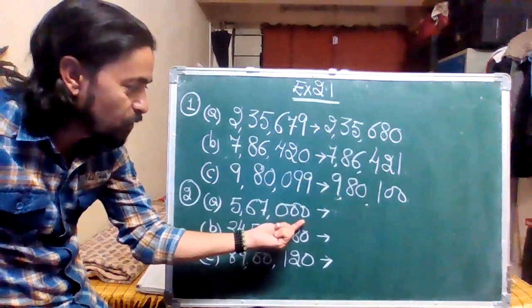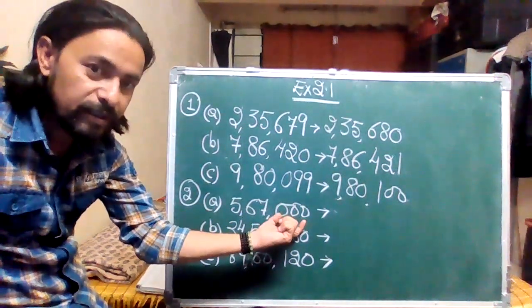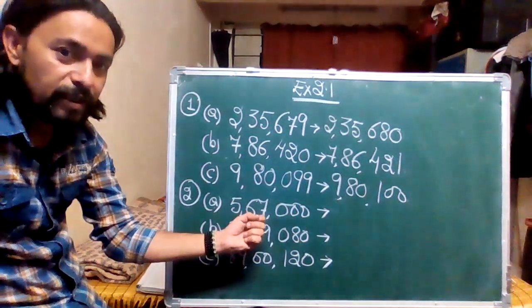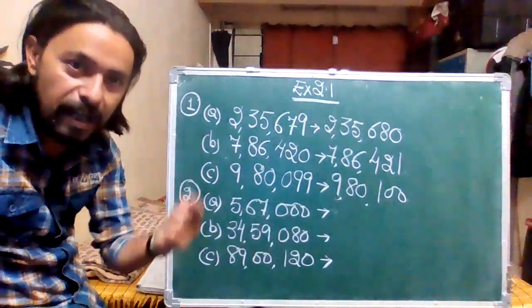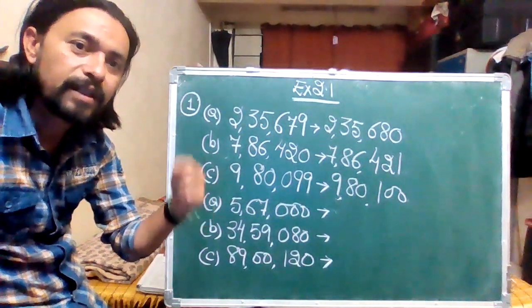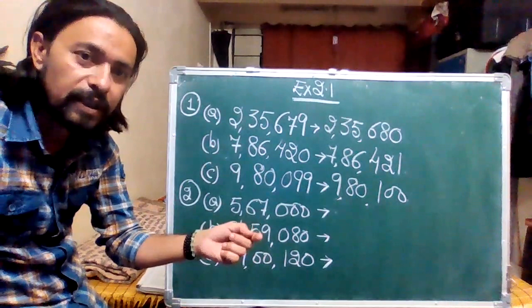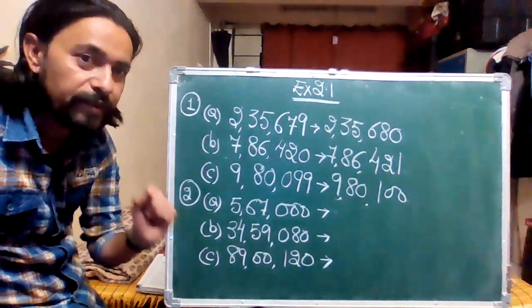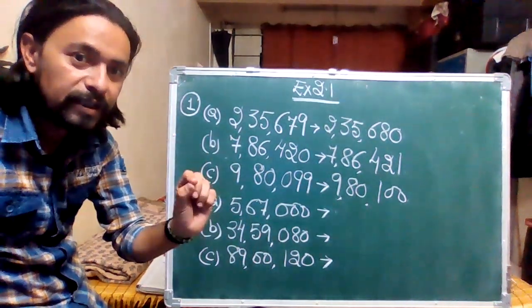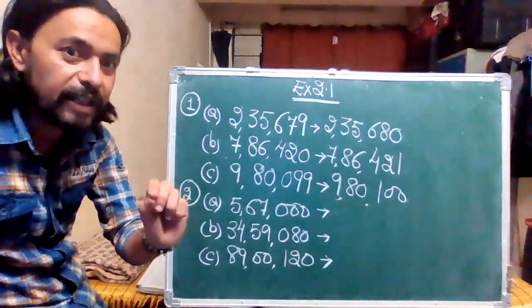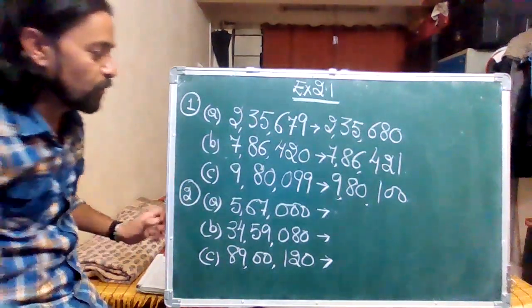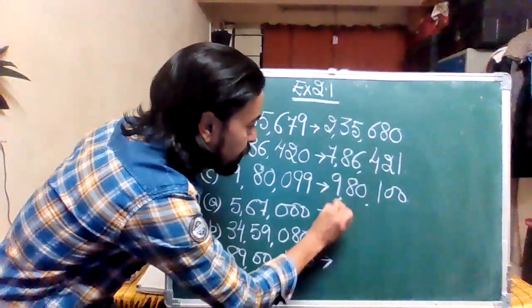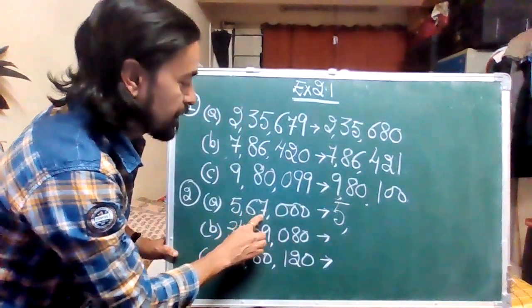So here, if I've got zeros in my hundreds, I go to my thousands and I get 7,000. And I ask myself, what is the number that comes just before 7,000? And the number that comes just before 7,000 is 6,999. So my number becomes 5,67,000.